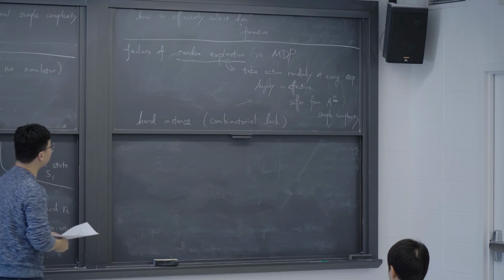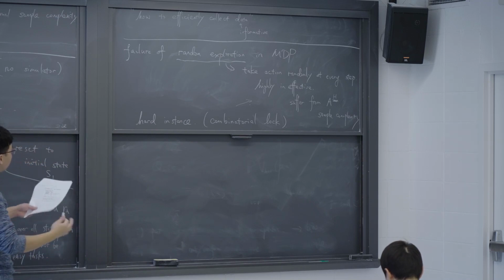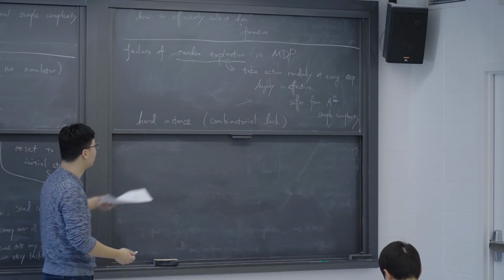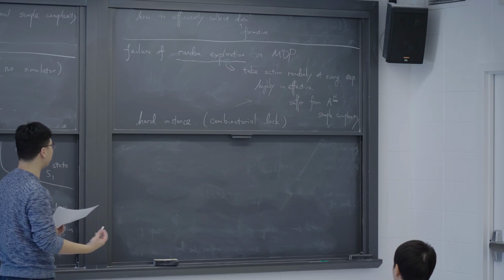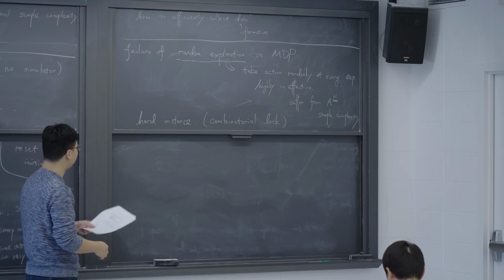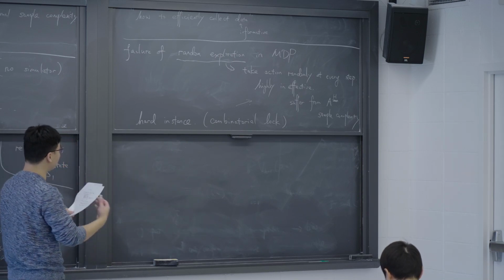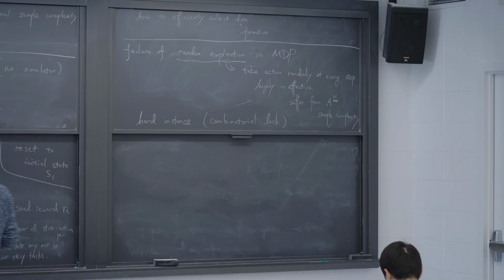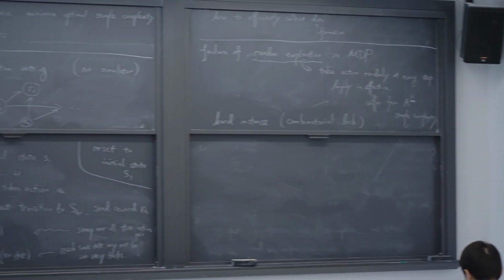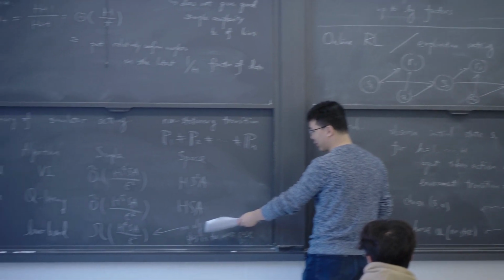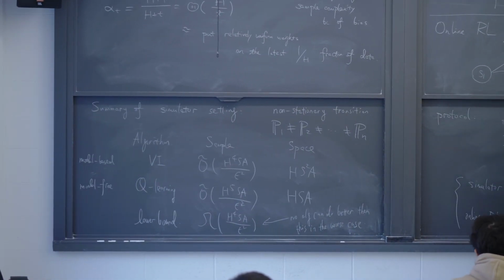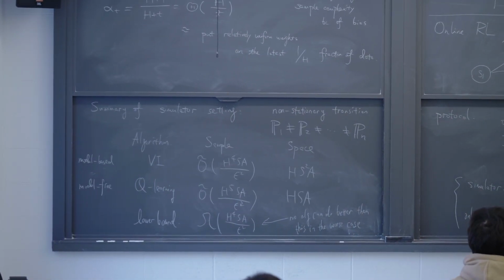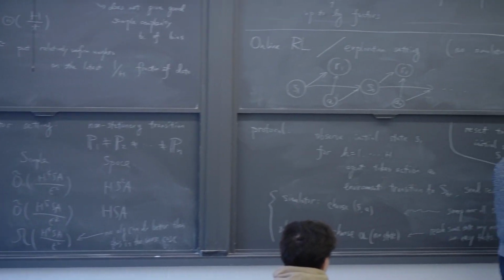By the way, I also want to emphasize this is a hard instance only for random exploration. Later we'll have better algorithms, so this is no longer hard and we can basically solve this problem. So this is different from an information theoretical lower bound, which says no algorithm can do better than this. This lower bound essentially says this algorithm is not good, but other algorithms can be good.